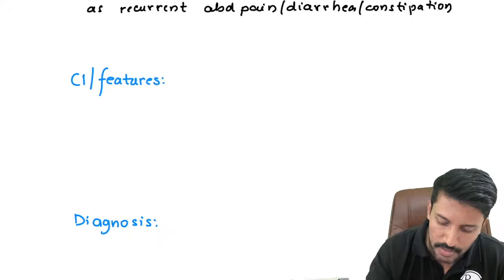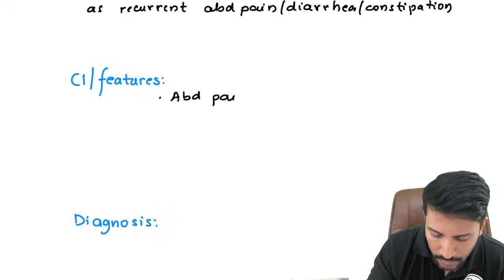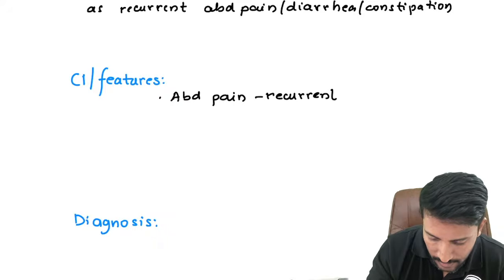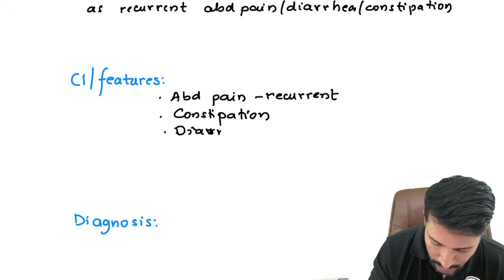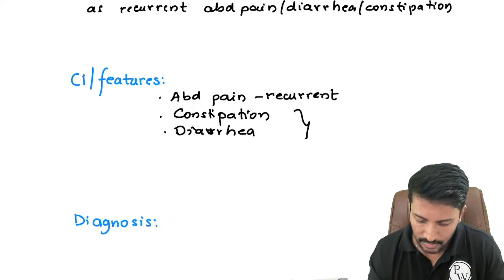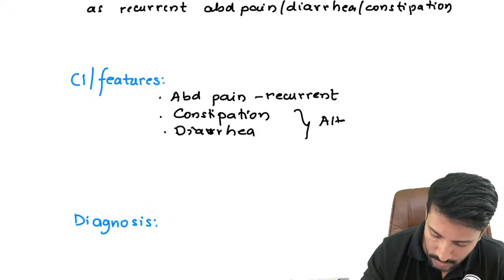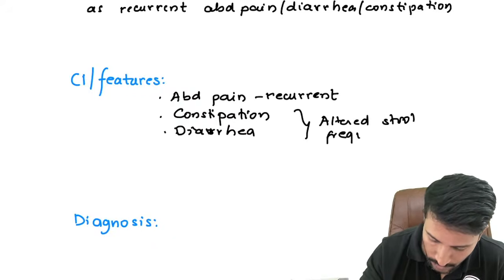So what symptoms do these patients present with? Usually they present with abdominal pain, which is usually recurrent. Second thing, in addition to the abdominal pain, they can have constipation or diarrhea. And usually the constipation and diarrhea, collectively I can say altered stool frequency.